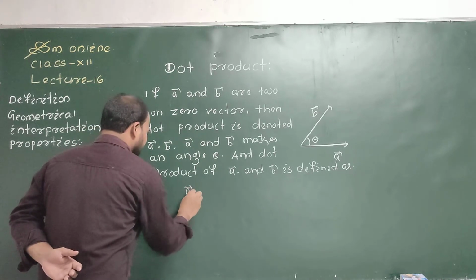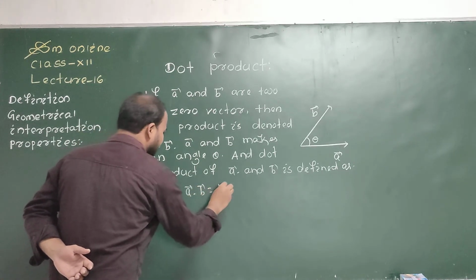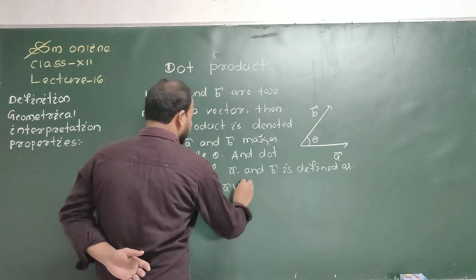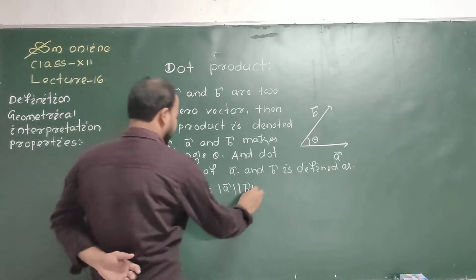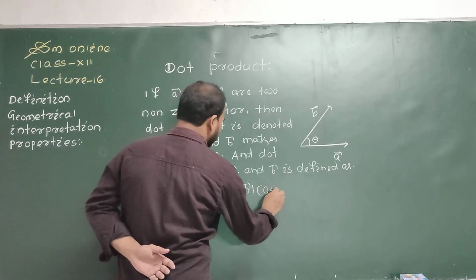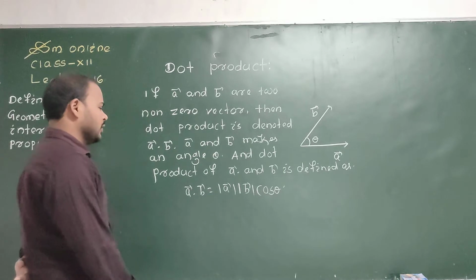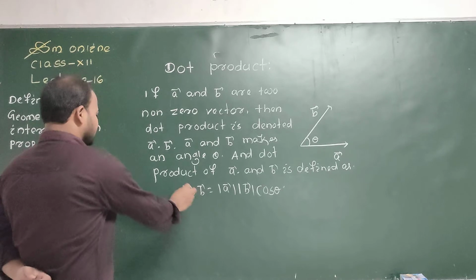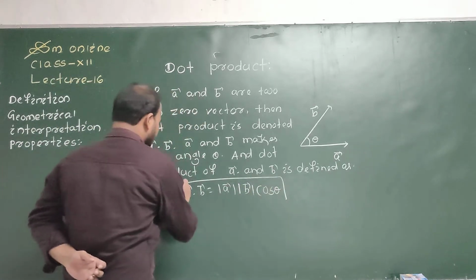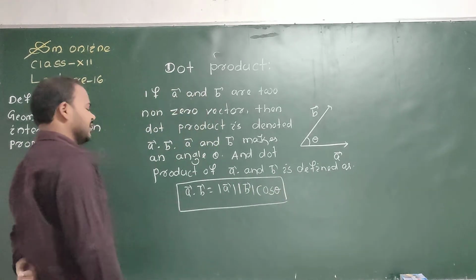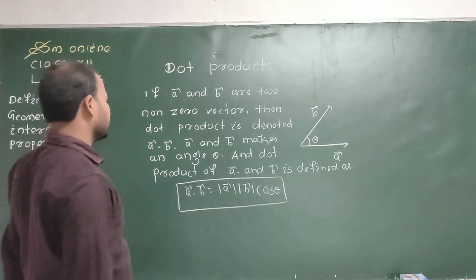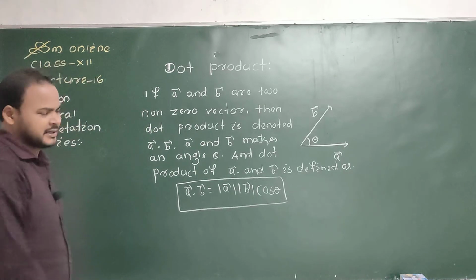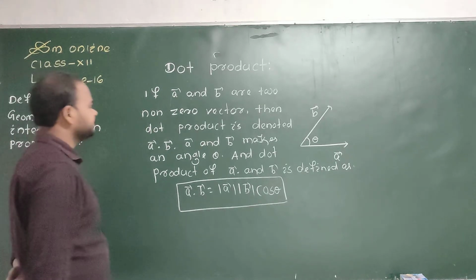That is, vector A dot vector B equals magnitude of A into magnitude of B into cos theta.